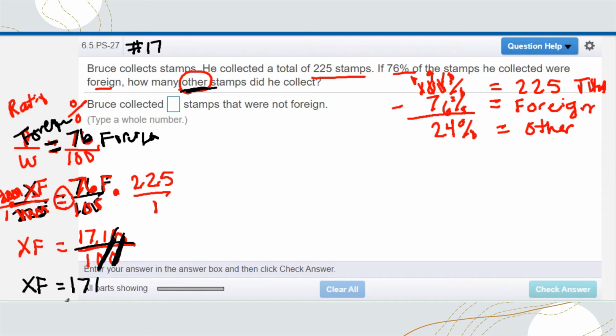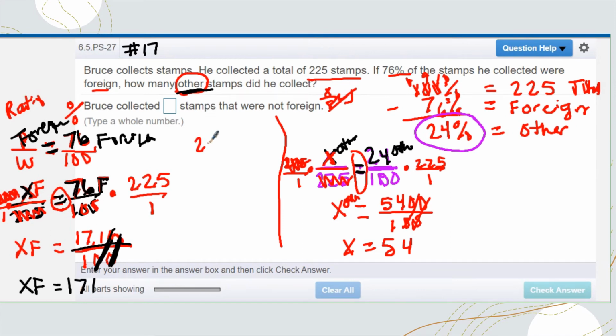171. Now this is not the final answer, because in my original, x was equivalent to the percent that was foreign. So that means this x represents foreign. So if I want the other stamps, coins, which is 225 total stamps, I take away the percent that is foreign, so minus 171.